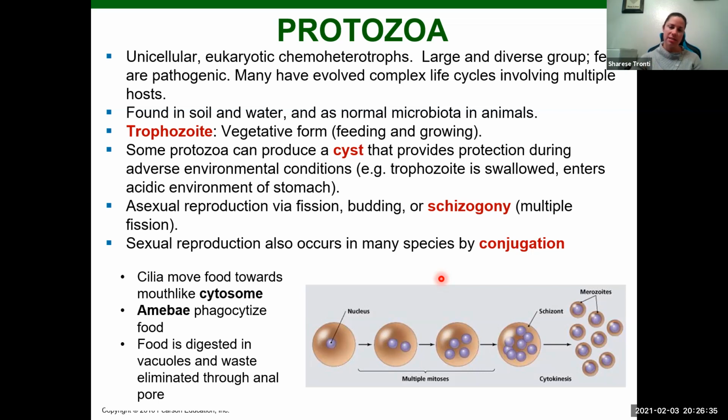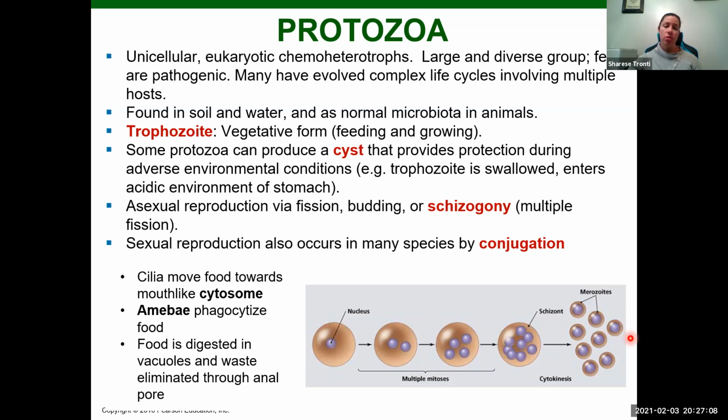But in schizogony, instead, the nuclei will divide first, and it's going to divide multiple times before the cytoplasm and the rest of the organelles are going to divide. So here we have one cell, one nucleus, and we see that nucleus has divided again, divided again. We end up having one cell with lots of nuclei in it, and then the cytoplasm will divide so that we eventually have these merozoites.